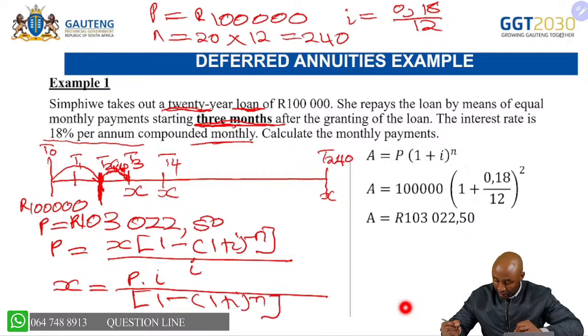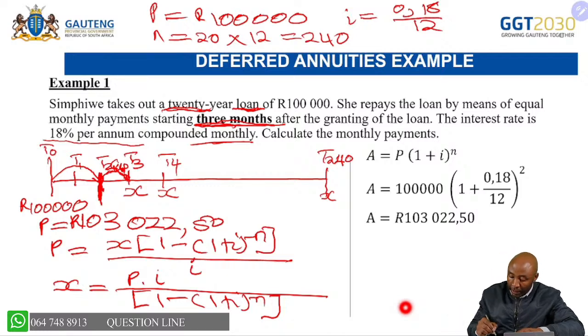Before we substitute, we need the value of N that we are going to substitute there. And we will realize that our N has to be recalculated because the loan has to be paid over 240 payments. But now the loan balance we calculated at T2, meaning the payments will start at T3.